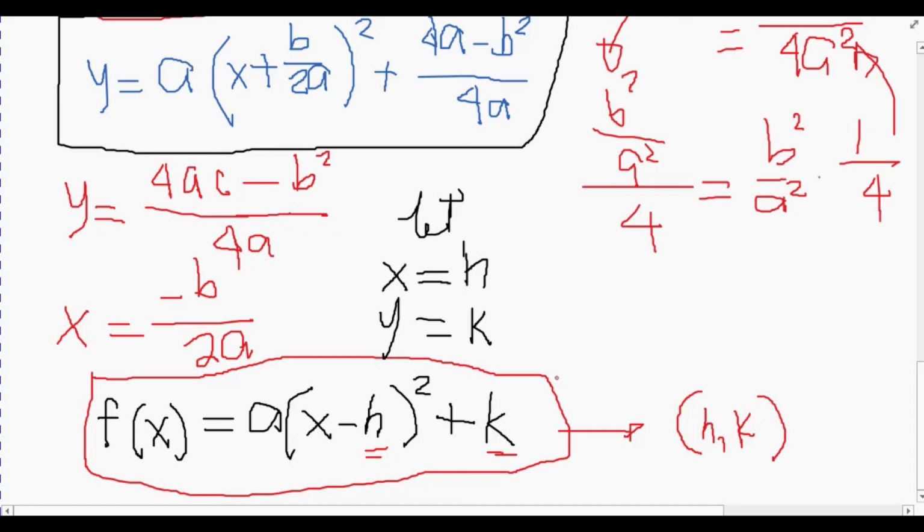I hope you have followed the procedure in deriving the vertex form of the quadratic function from the standard form.